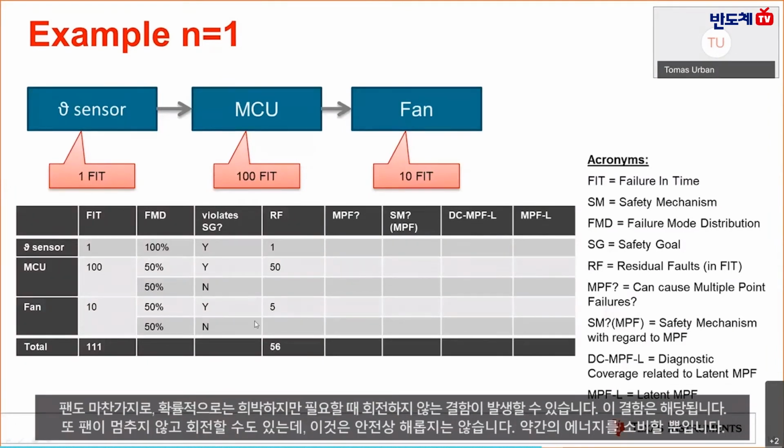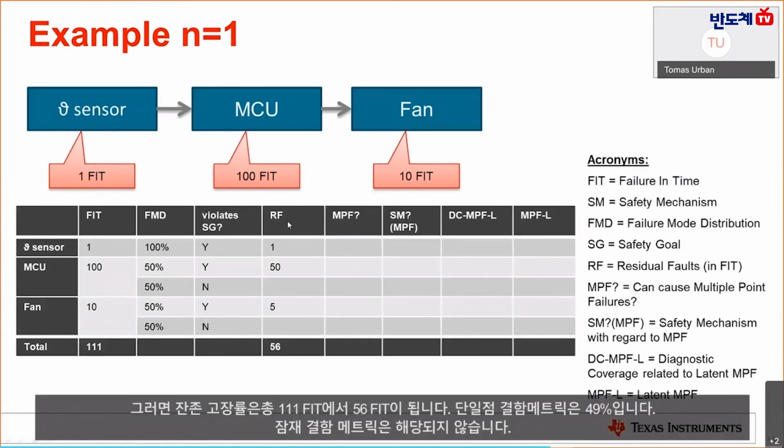And as well for the fan, this is I would say the least probable scenario, but only when the fan does not spin when it's needed, then this is relevant. When the fan spins continuously, that obviously does not harm us. It will just consume some energy.